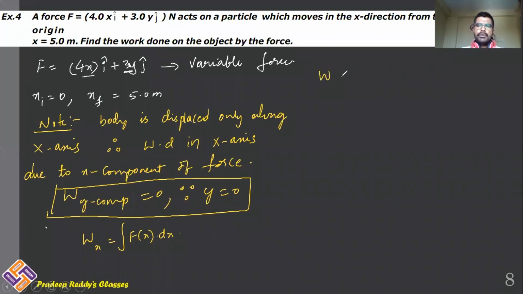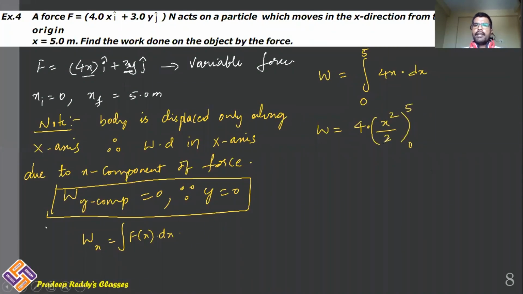Now work done W is equal to the integral of 4x dx, with initial position of the particle 0 and final position 5, because the body starts from the origin and is displaced a distance of 5 meter along the x axis. So work done W is equal to 4, you can take it out, integral of x dx, and the integration of x dx is x square by 2.